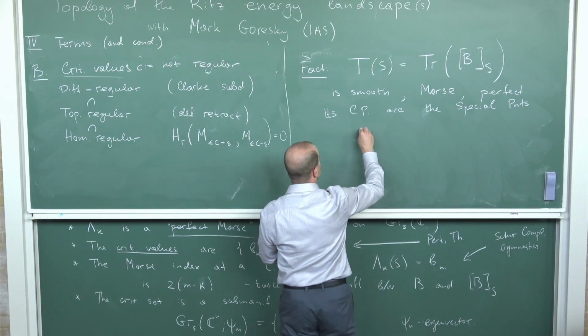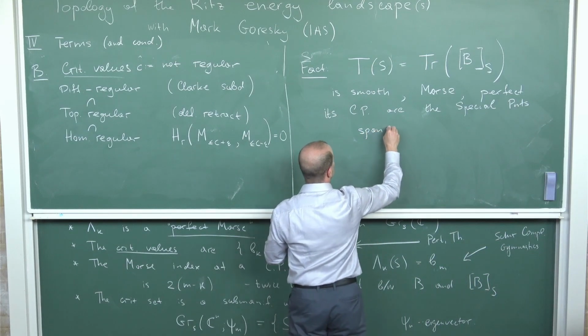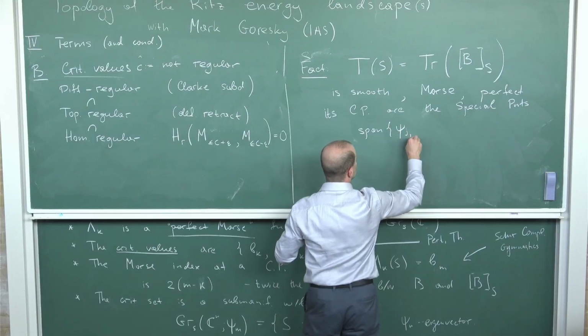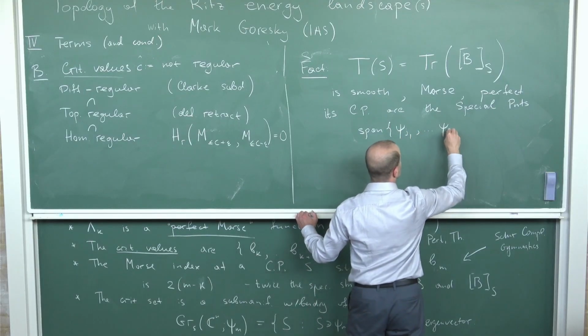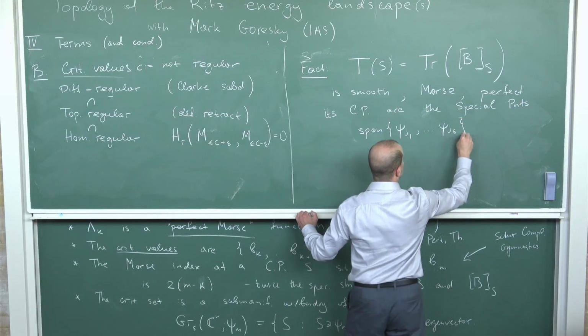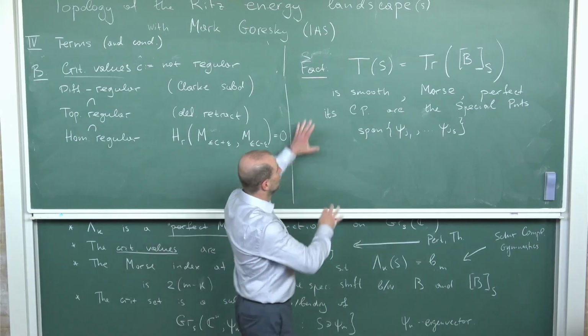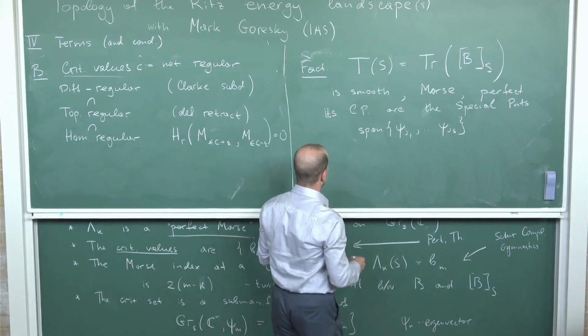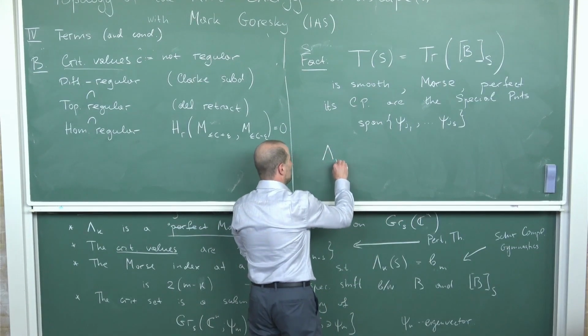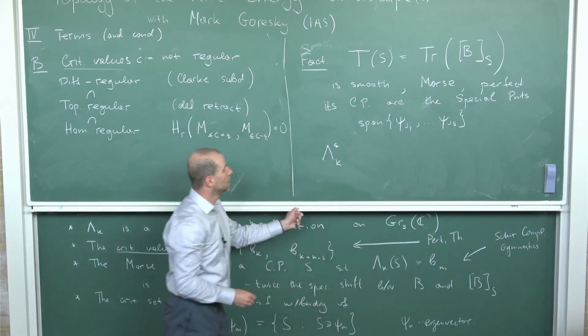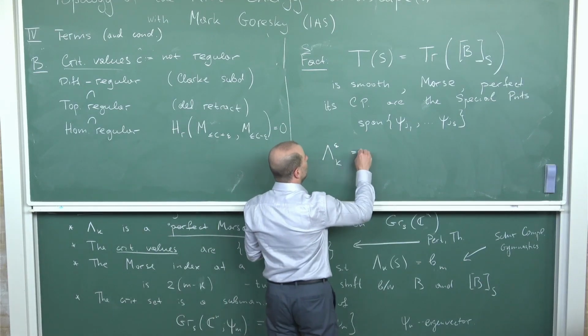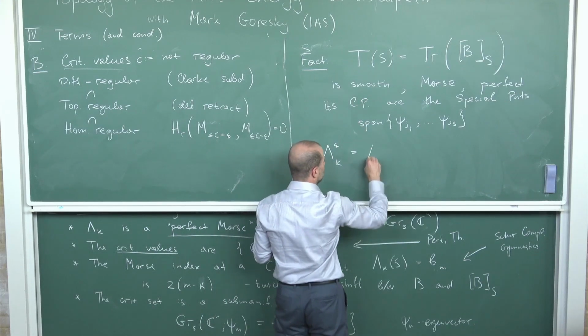These are the points where we take a span of some collection of eigenvectors. So we understand it really, really well. So let's then perturb our lambda by this trace.